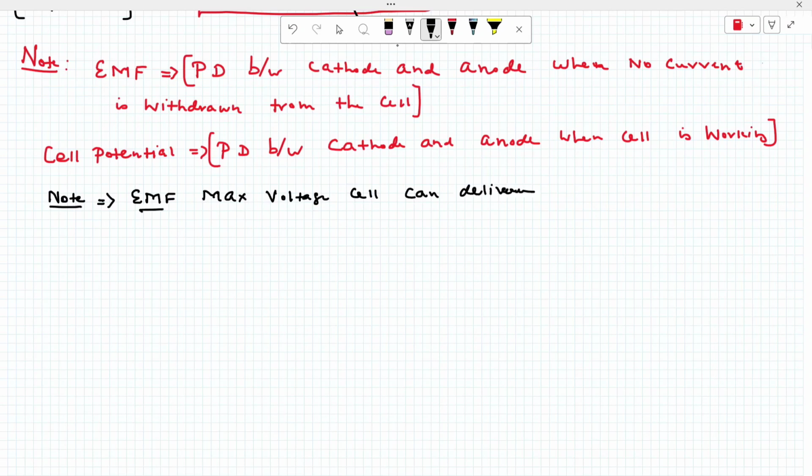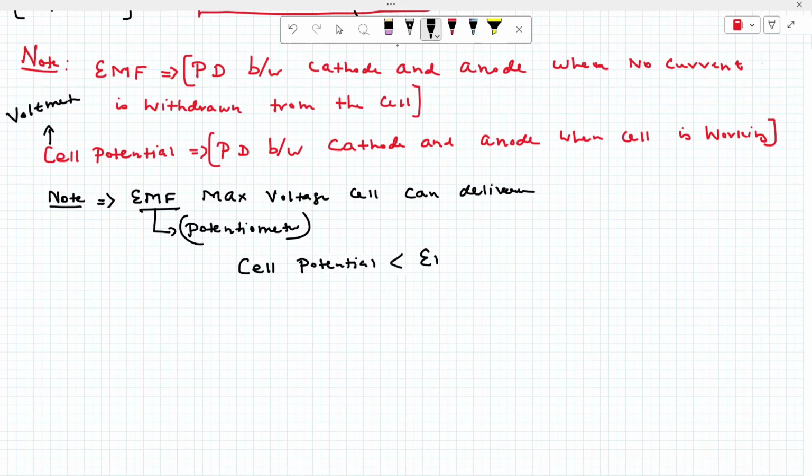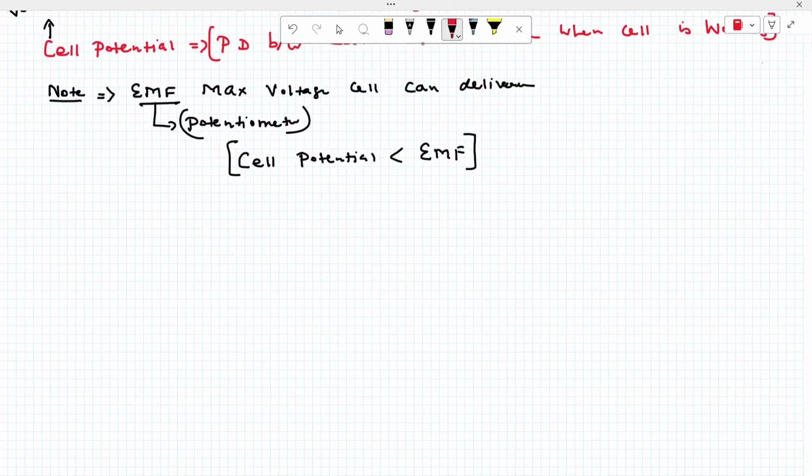The EMF can be measured by a potentiometer. Cell potential can be measured by a voltmeter. In that case, the cell potential value is always lesser than EMF. Very important, please note.